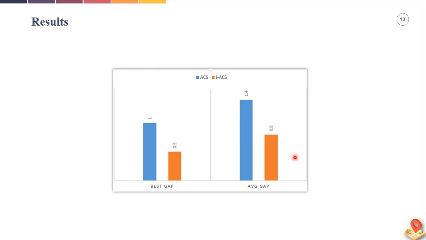The average gap has been reduced from 1 to 0.5 in the best states and from 1.4 to 0.8 in the average state.